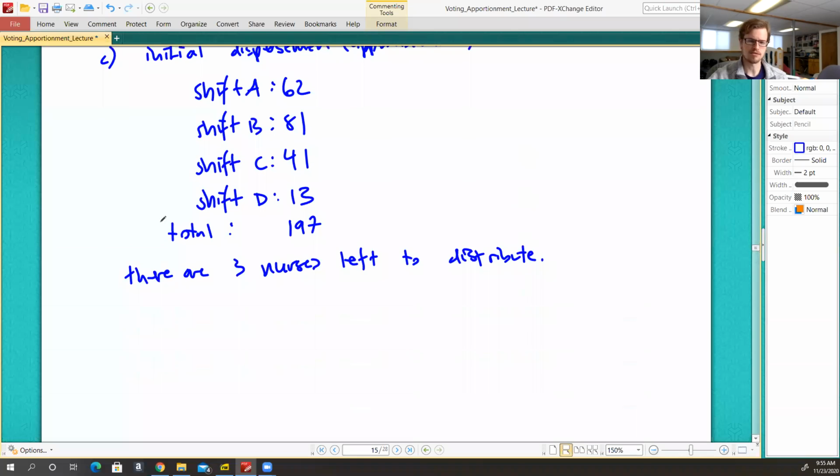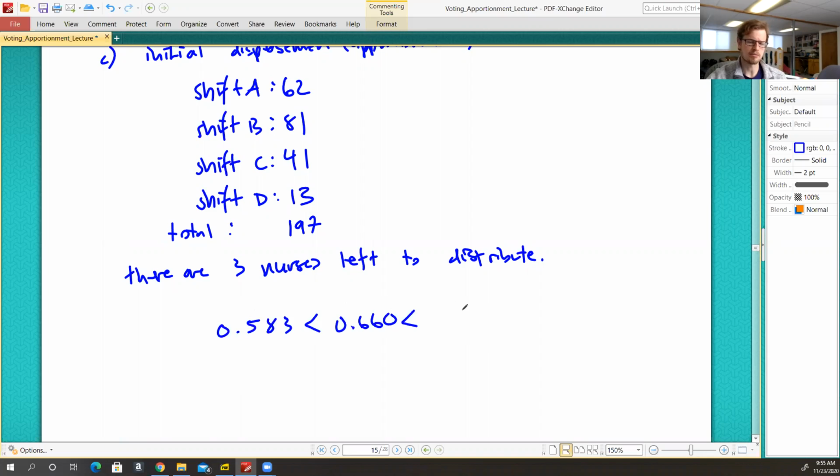So I can observe that shift A has the smallest fractional portion of 0.583. And then shift B has the next largest fractional portion of 0.666.